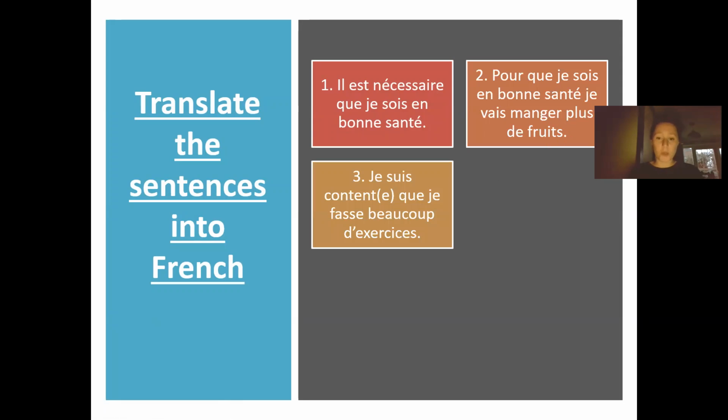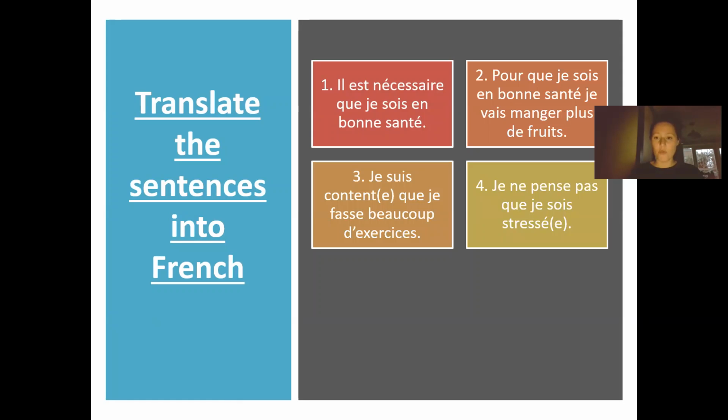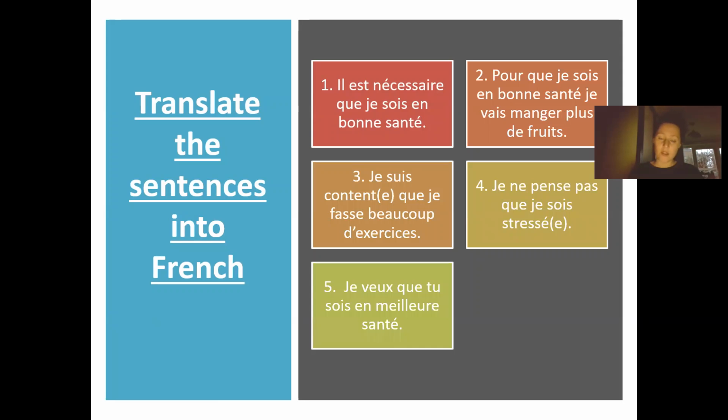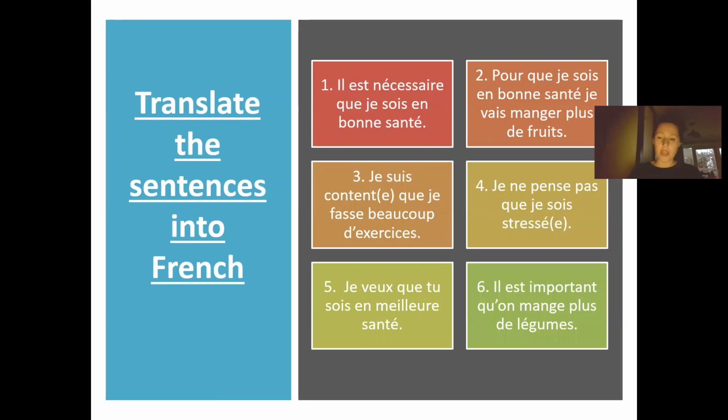Number three, je suis contente que je fasse beaucoup d'exercices. Number four, je ne pense pas que je sois stressée. Number five, je veux que tu sois en meilleure santé. And number six, il est important qu'on mange plus de légumes.